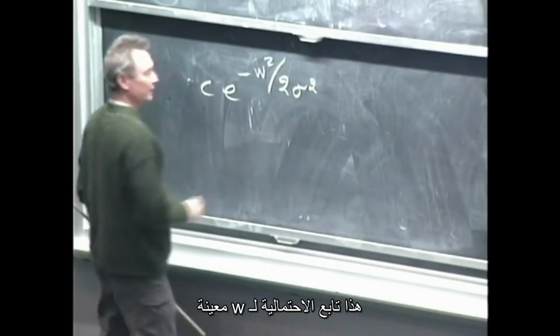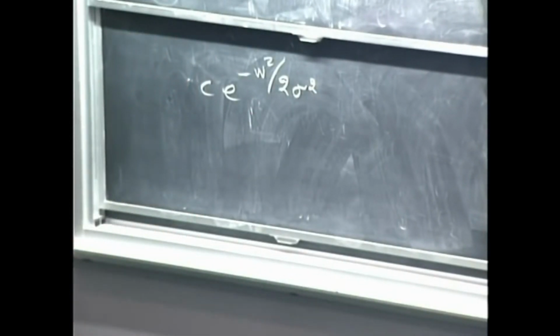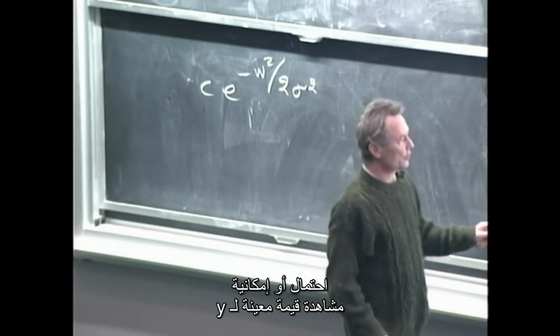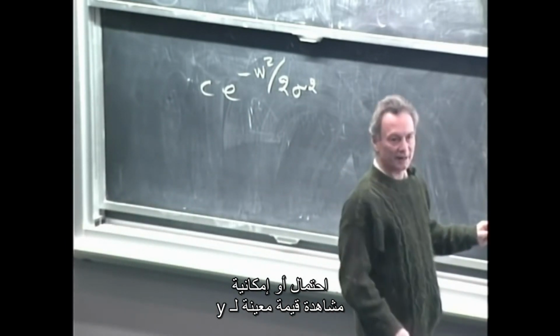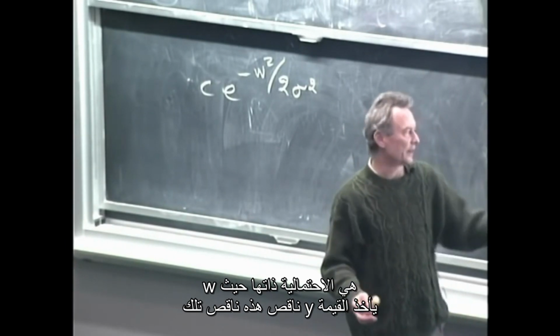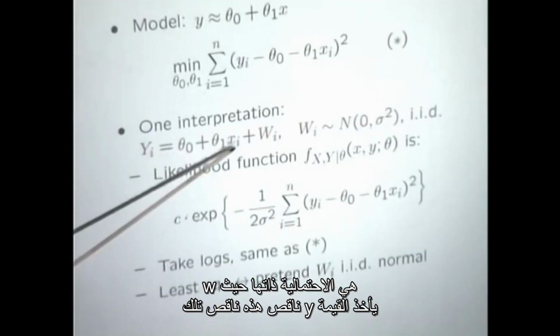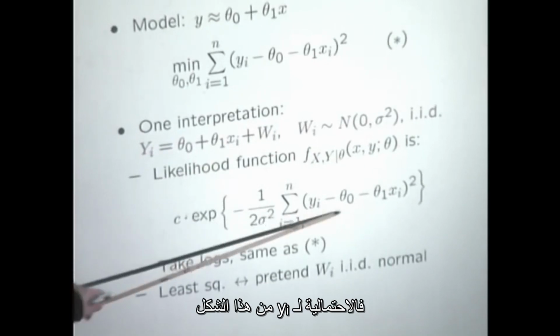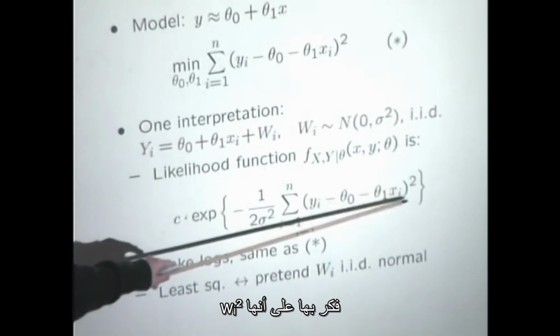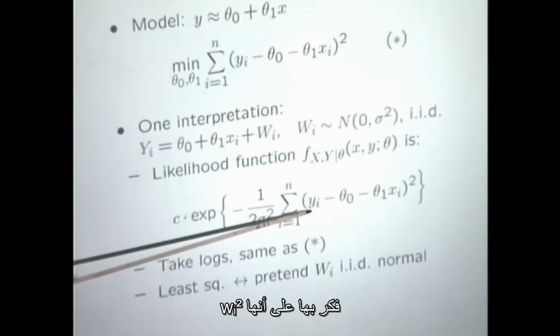That's the likelihood of a particular w. The probability or the likelihood of observing a particular value of y, that's the same as the likelihood that w takes a value of y minus this minus that. So the likelihood of the y's is of this form. Think of this as just being the w_i squared.